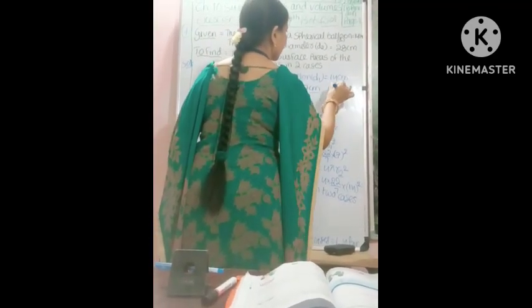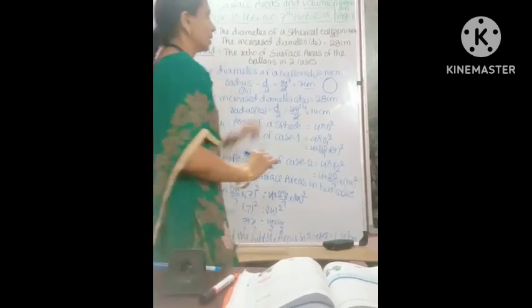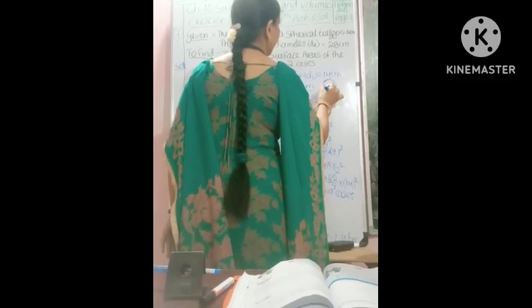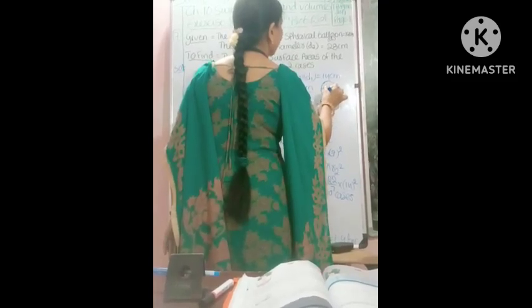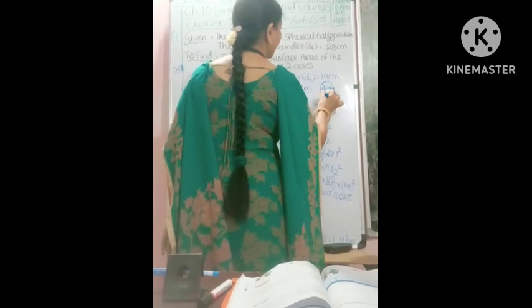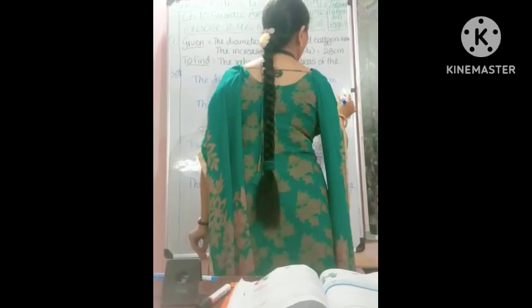So first, this is the one balloon. One balloon's diameter is given. This is the diameter, D equal to 14 cm. It is 14 centimeters given. So how to calculate the R value? You have to calculate the R value.